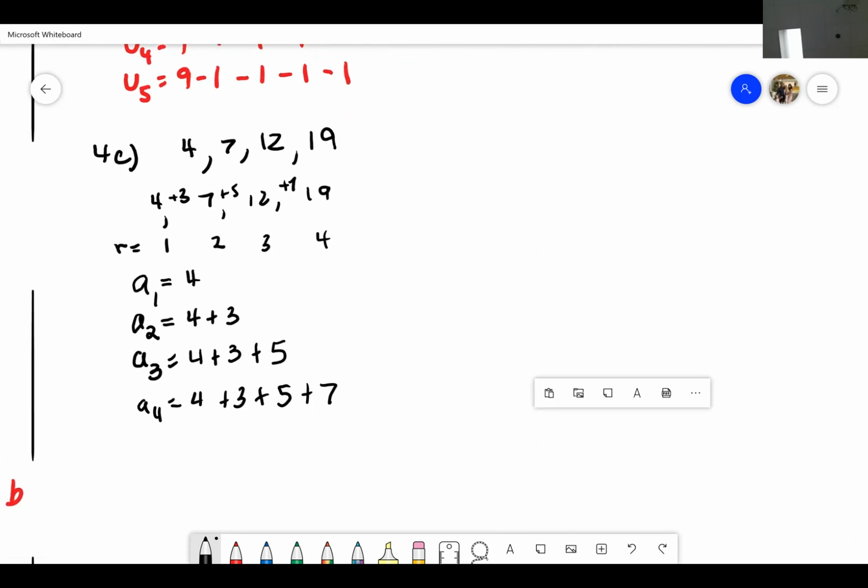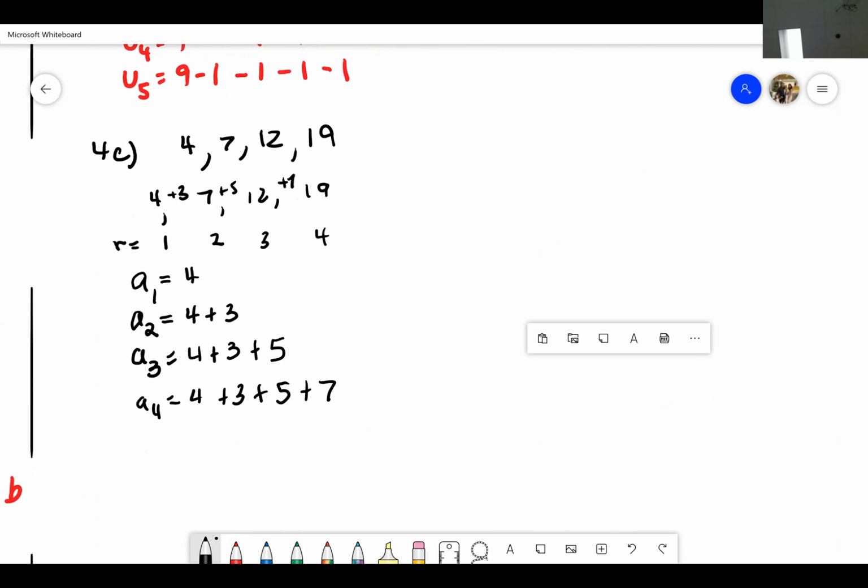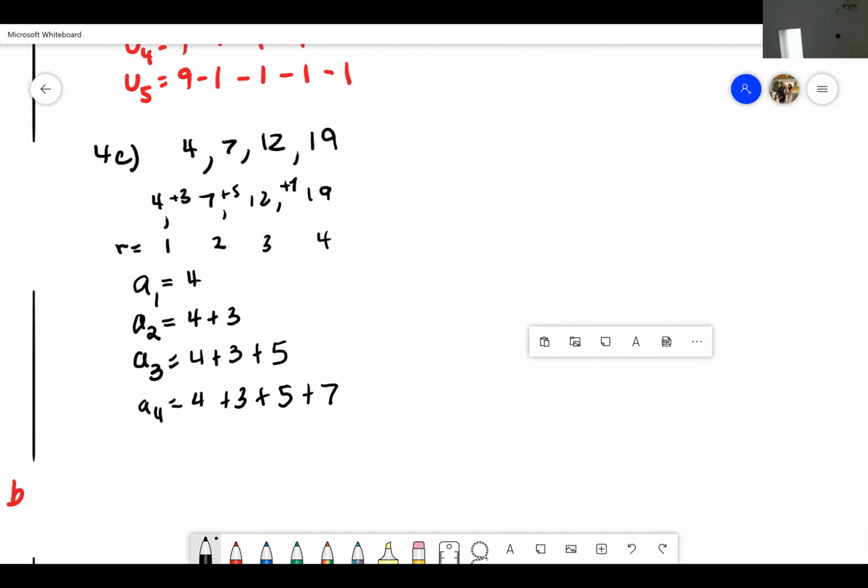So we do notice that we have 4 everywhere. We have a 3, 3, and 3, but now we have 5. But isn't 5, and this is me thinking out loud, really just 3 plus 2? And isn't 7 really 5 plus 2?